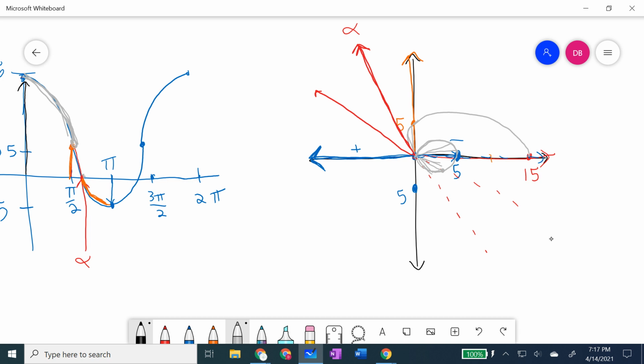These are all negative radii for all of these positive sides of the line while I'm traveling from alpha until I reach whatever this angle is.